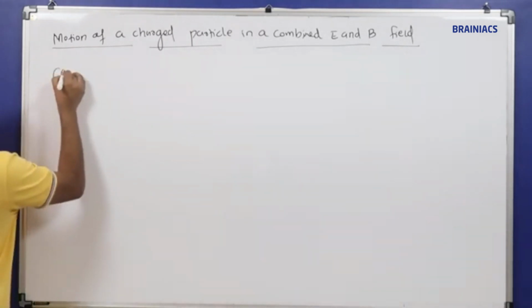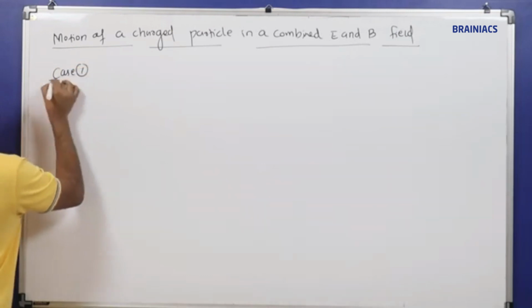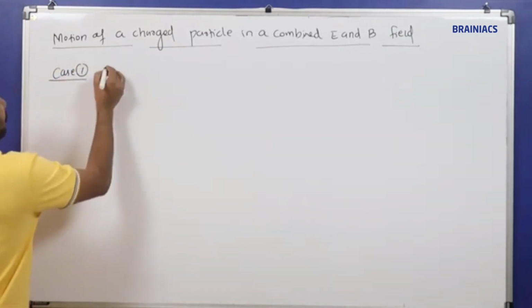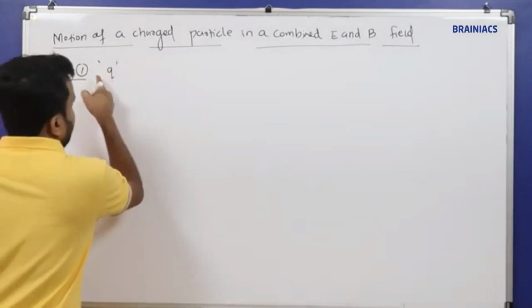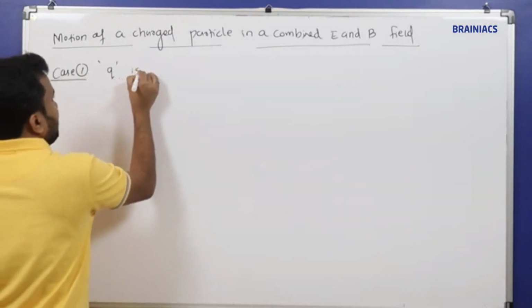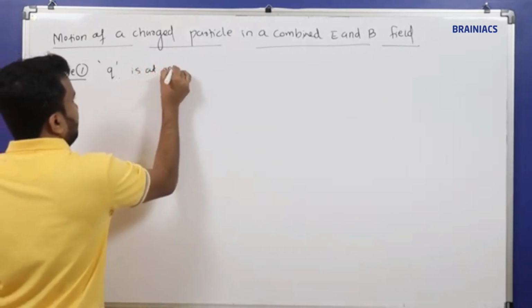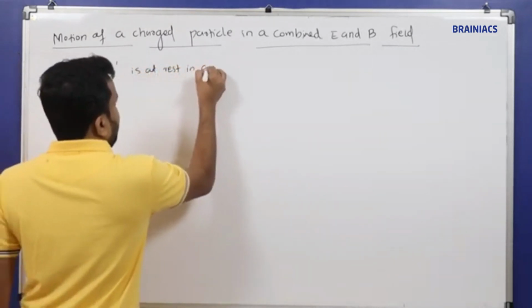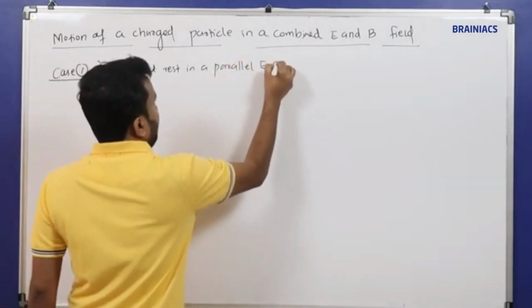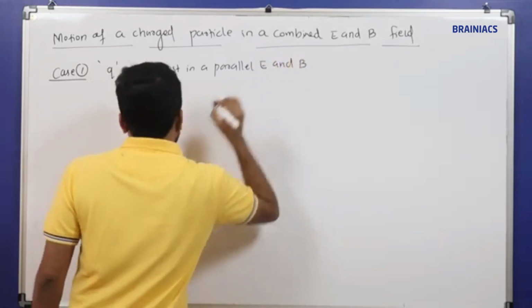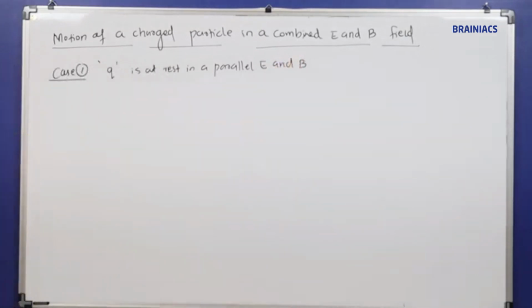Case number 1. Charge Q we are taking as a positive Q, which means +Q is at rest in a parallel E and B. What does this mean? Electric field and magnetic field are acting in the parallel direction, and we are placing a charge over here.